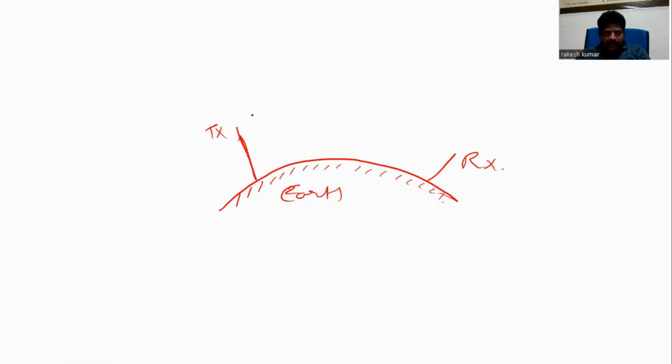One is by the direct path: the signal reaches from transmitter to receiver by a direct path.